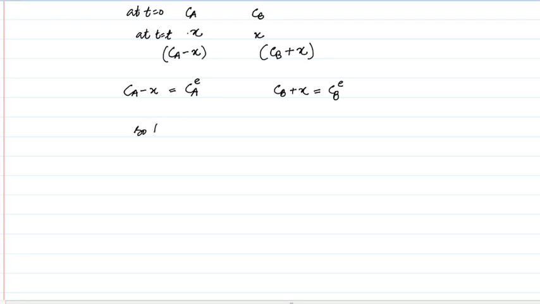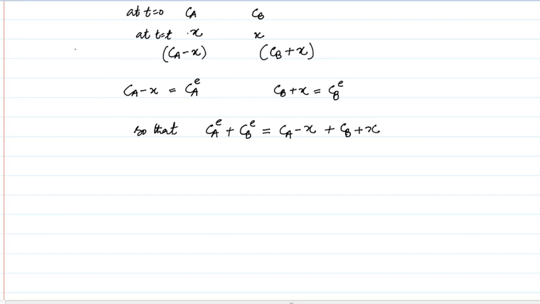So if we add these two, that means Ca equilibrium plus Cb equilibrium will be equal to Ca minus x plus Cb plus x.